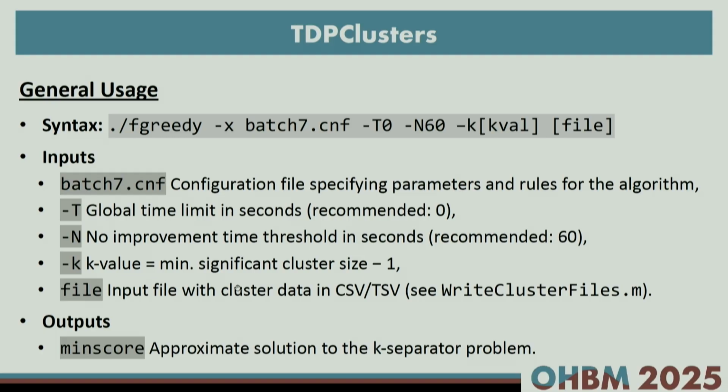For running these TDP clusters, you are going to run the analysis for each significant cluster separately, and the input file here will correspond to one cluster only, and each input file will save the XYZ voxel coordinates for each of the clusters, saved in a CSV or TSV file. I have prepared one file that you will be able to use to generate this input file.